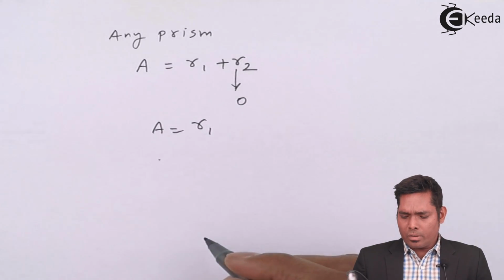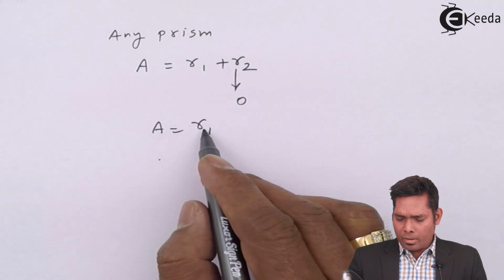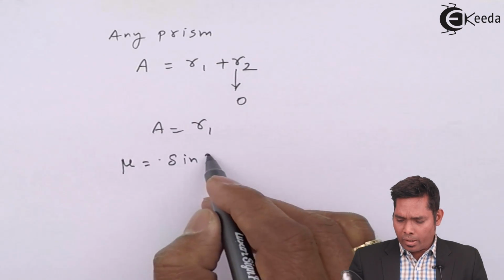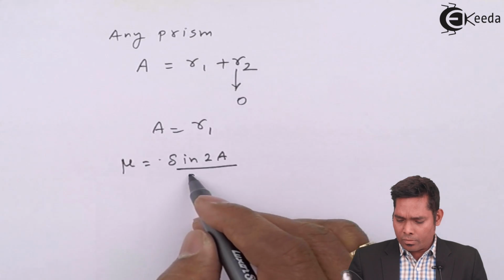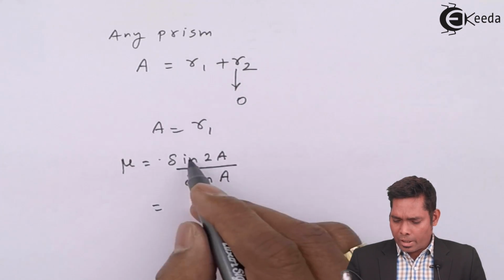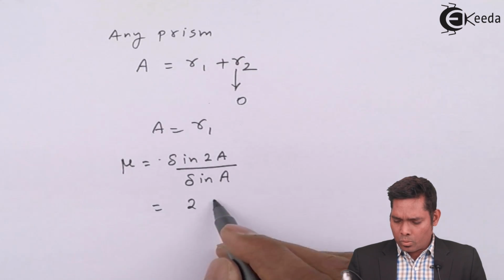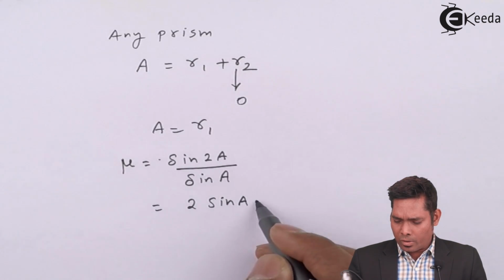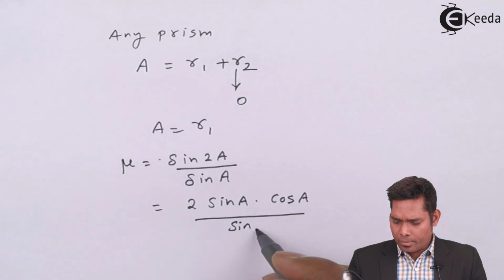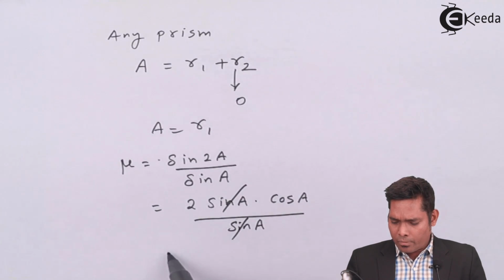If A is R1, then I can put R1 in the first expression of mu. Mu was sine of 2A divided by sine of R1, which is sine of A. If I solve this, sine 2 theta is 2 sine theta cos theta, that is 2 sine A cos A, divided by sine A. This will cancel out and finally you will get 2 cos A.